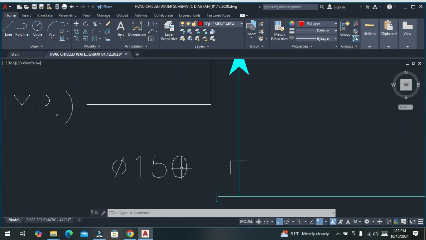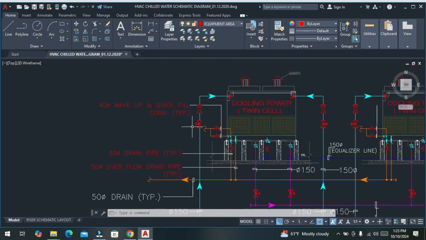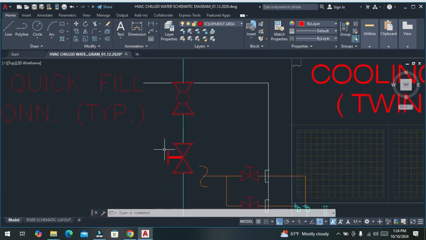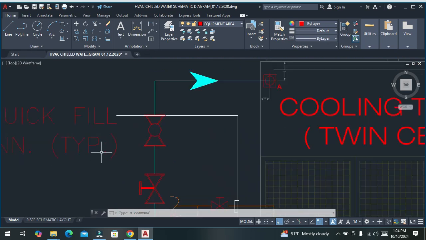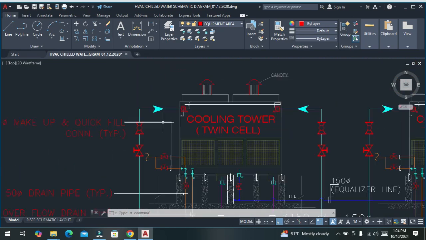This is the 150 dia inlet pipe, and it goes over here, where we have a motorized valve. And this is the balancing valve to balance the GPM according to the cell capacity.